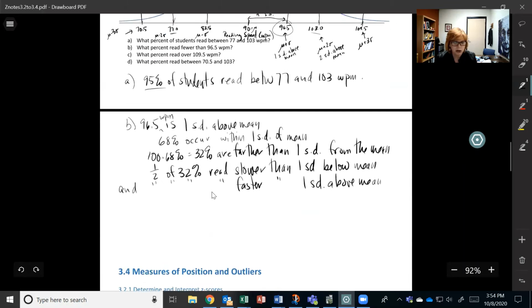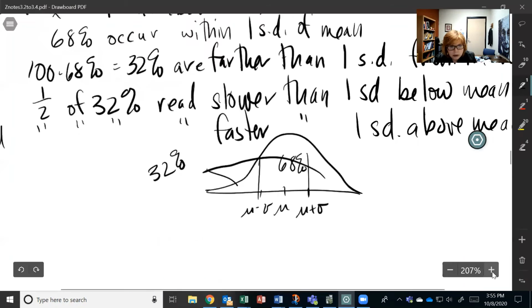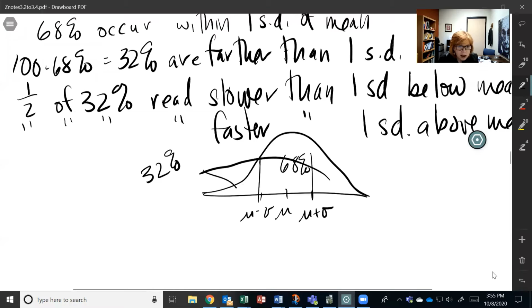All right, so basically I'm going to show you a little sketch here. So I've got, here's mu, and here's mu plus sigma, mu minus sigma, and I've got 68% in here. So that means I got the proportion that occur less than that or bigger than that. These two together are 32%. So I'm going to have 16% here and 16% here.